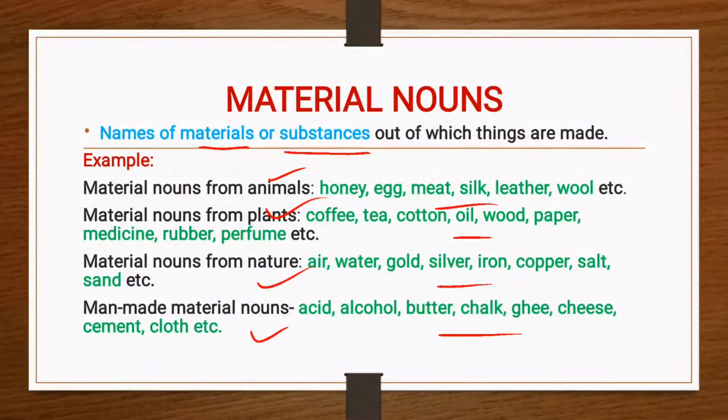The material nouns which we get from animals include honey, egg, meat, silk, leather, wool, etc. And material nouns which we get from plants include coffee, tea, cotton, oil, wood, paper and many more things. Then we have a list of material nouns which we get from nature, that is air, water, gold, silver, iron, copper, salt, etc. Then there are man-made material nouns like acid, alcohol, butter, chalk, ghee, cheese and so on.